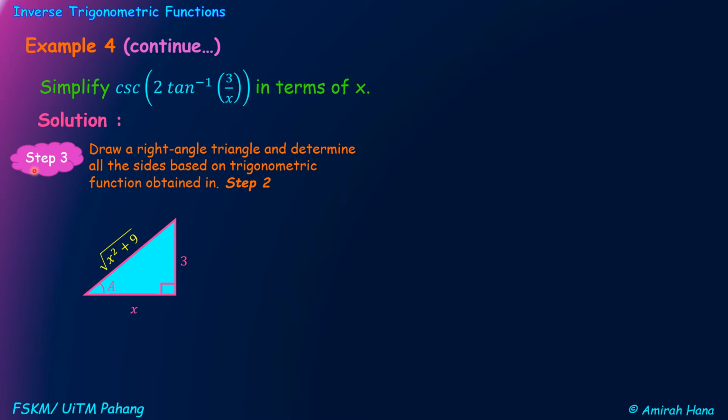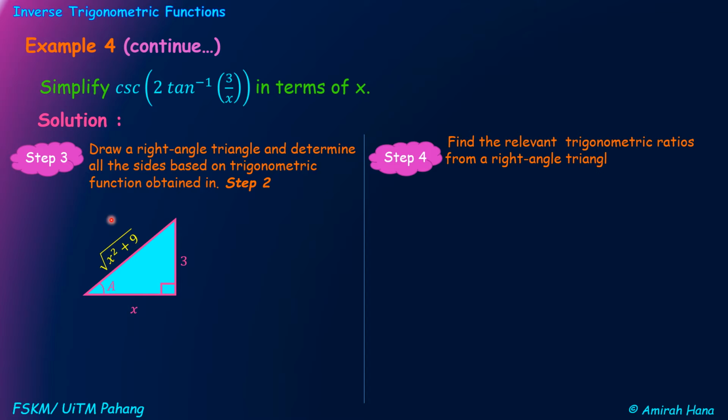From the previous slide in step 3, we drew a right angle triangle with all three sides. Then we can continue with step 4. Find the relevant trigo ratios from the right angle triangle obtained in step 3. The relevant trigo ratios are the ones we need to simplify this question.